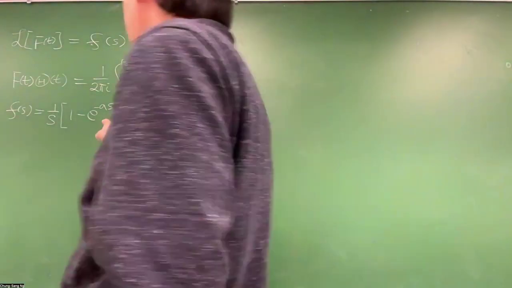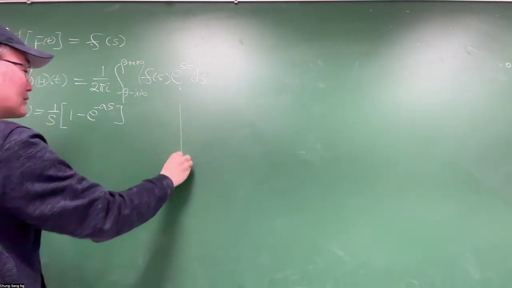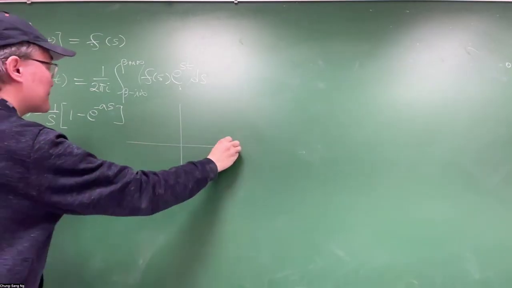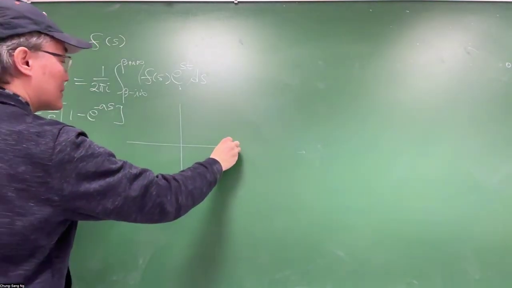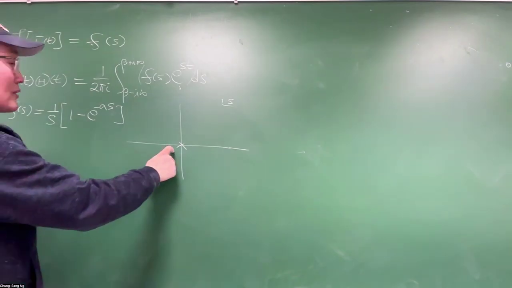And that one is more complicated because of this exponential factor, so you need to be a little careful, because how you close the contour on the right depends on the value. This is the only singularity: s equals 0. That's the only pole.